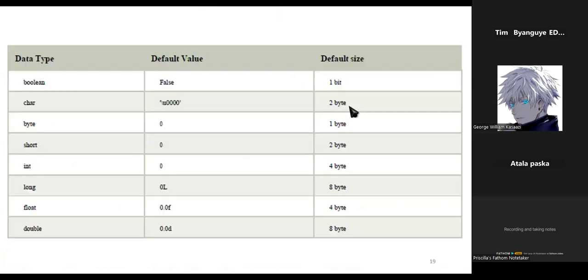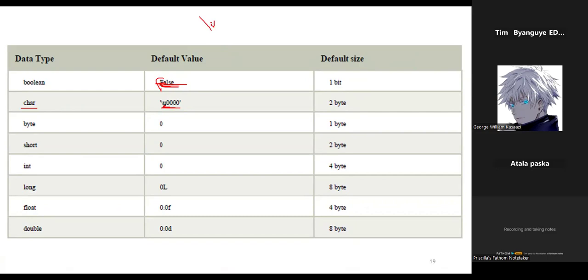This is a table that shows the default values which are saved in your data types when you create them. So boolean by default stores false. This is supposed to be in small letters, sorry. Character by default, see what it stores: the \u, but you can find out what the \u means, because I think I've told you at least that these are called special characters.